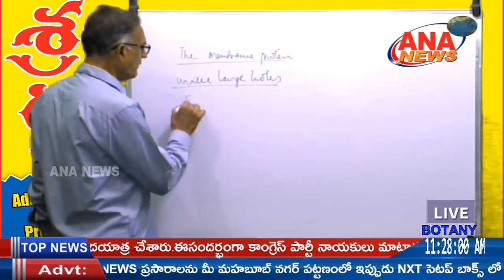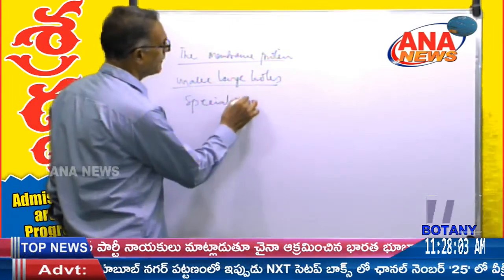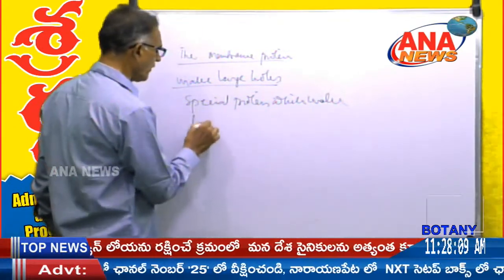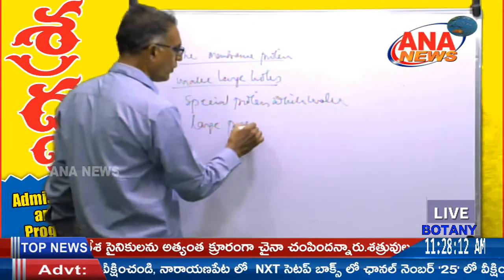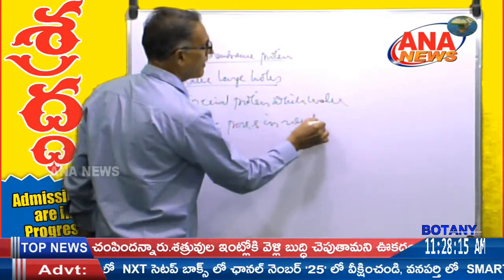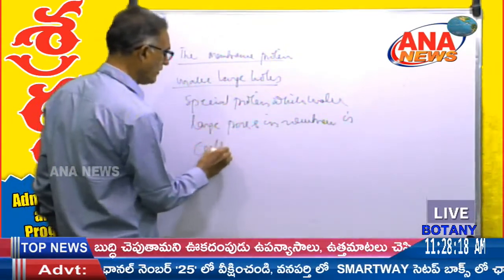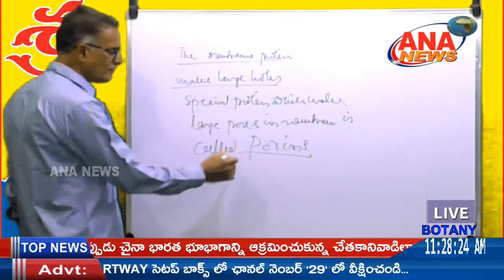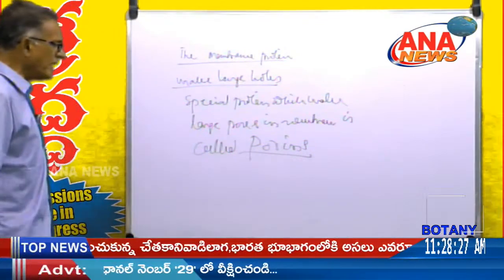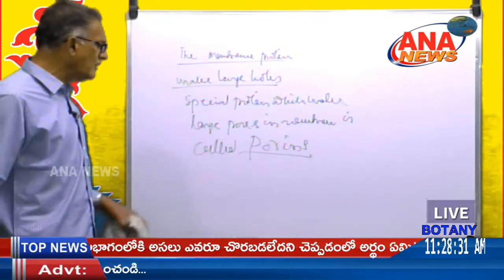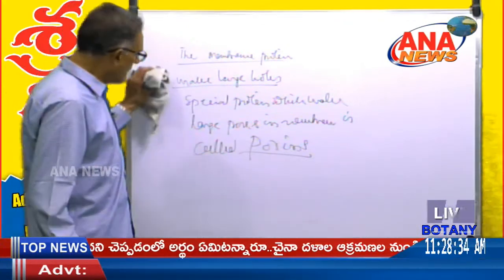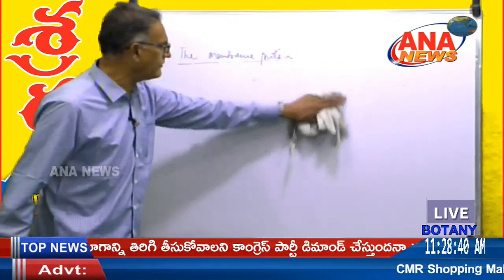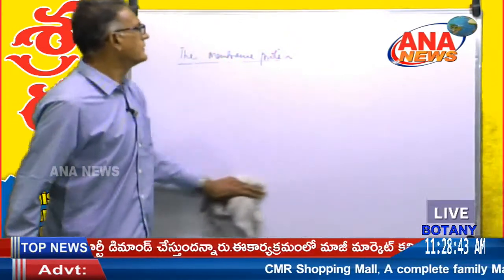The special proteins which make large pores in the membrane are called porins. This is important for 2 marks: what is porins? In a membrane, the special proteins which make large pores are called porins. Such porins are commonly present in the outer membrane of plastids, mitochondria and bacterial cells.